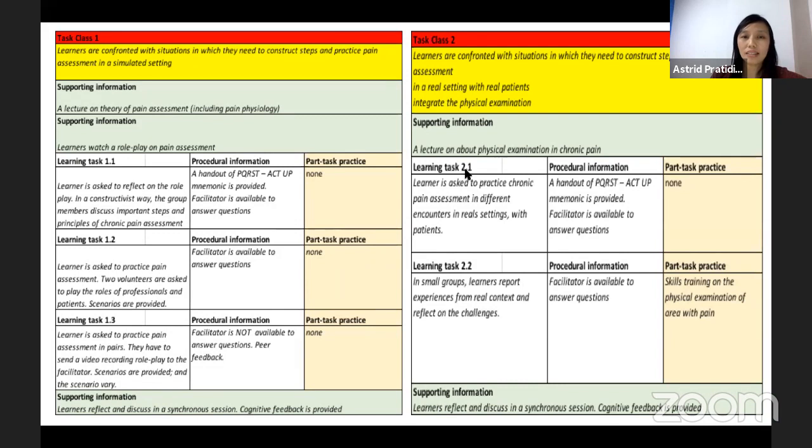Why is the facilitator not available in Learning Task 1.3?